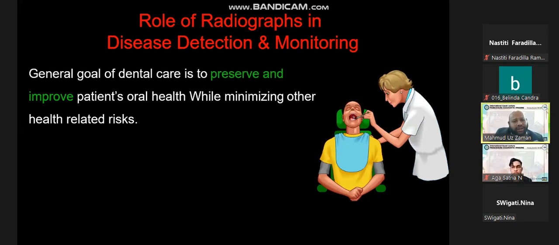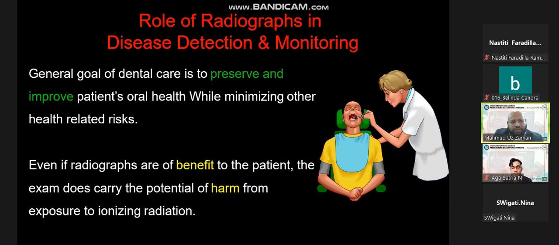The general goal of dentistry is to preserve and improve the patient's oral health while minimizing health-related risk. Even if radiographs are of benefit to the patient, the exam carries potential harm from exposure to ionizing radiation. I'm telling you again and again that you need to think about ionizing radiation.